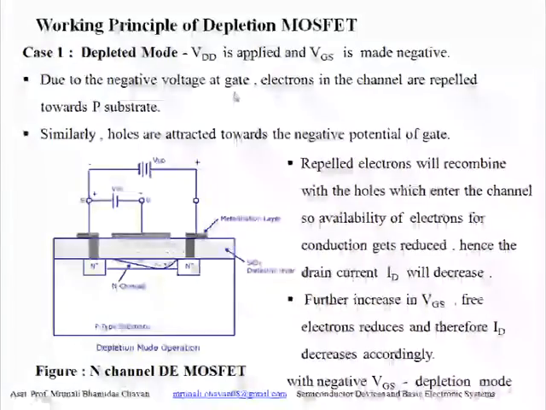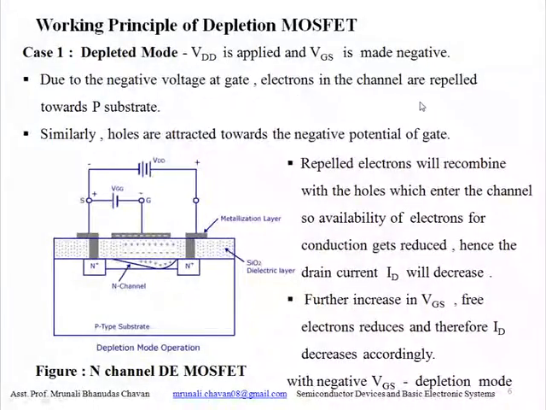Due to the negative voltage at the gate, the electrons in the channel are repelled towards the P substrate, and similarly the holes are attracted towards the negative potential of the gate.